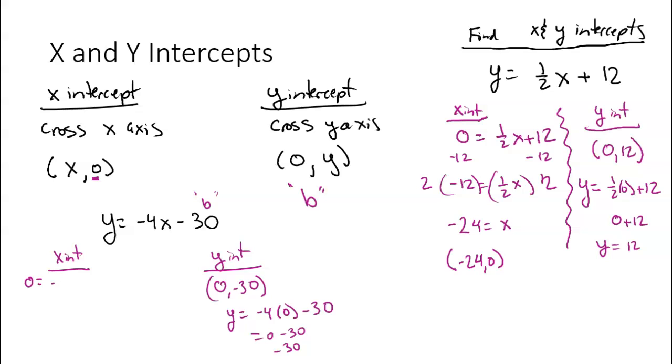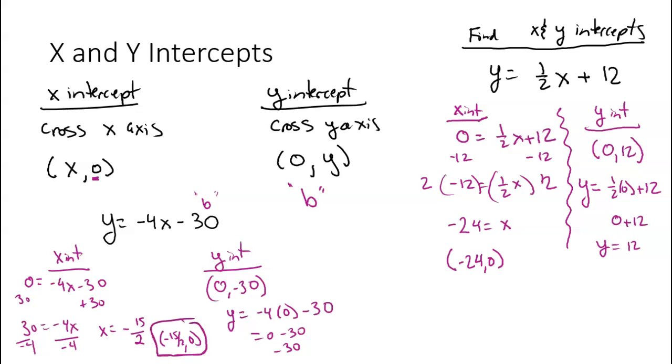For the x-intercept, this one's a little bit trickier. 0 is equal to negative 4x minus 30. I'll add 30 to both sides, so 30 is equal to negative 4x. Then I will divide by negative 4. Now, 4 does not go evenly into 30, which is fine. Leave it as a fraction. We will get the value as negative 15 over 2, so my x-intercept is negative 15 over 2, comma 0.